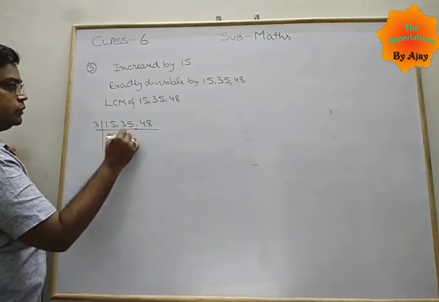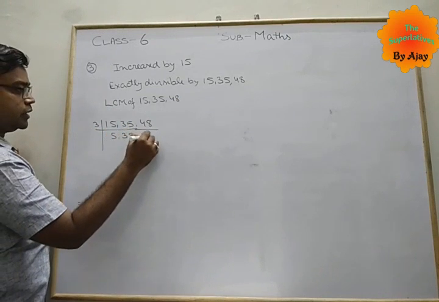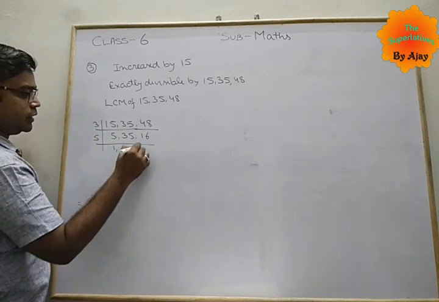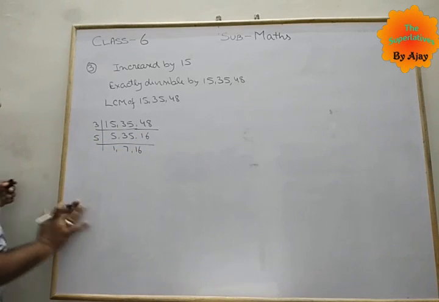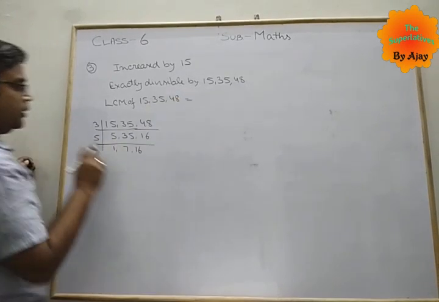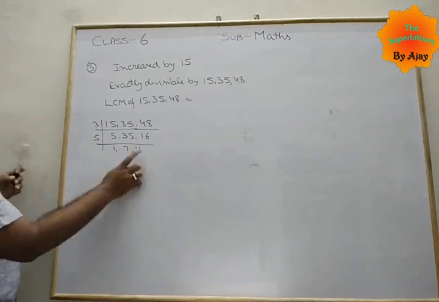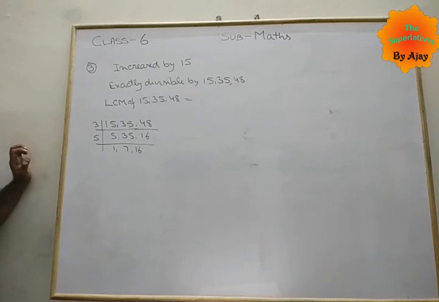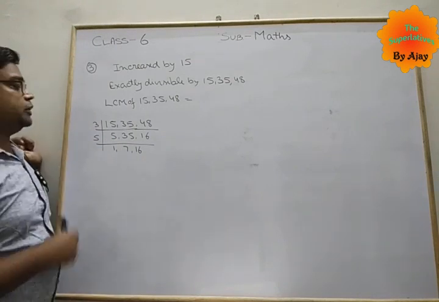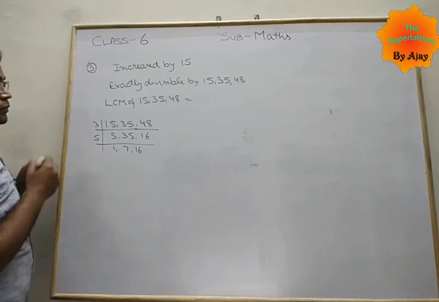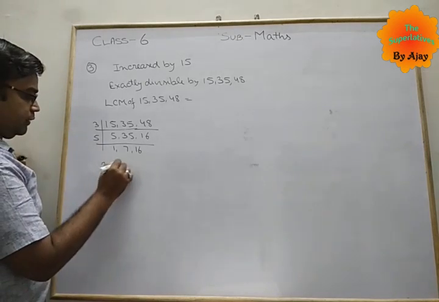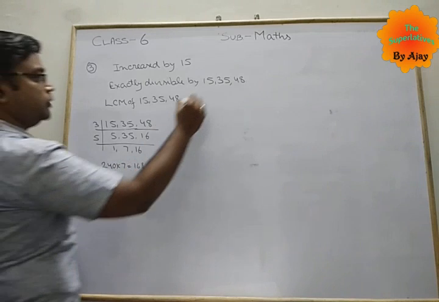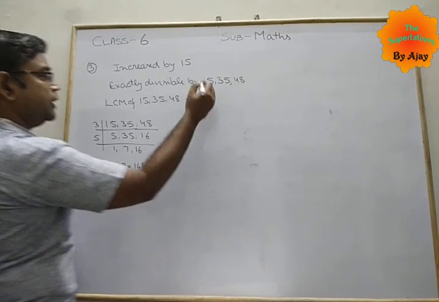Now when we multiply, 16 fives are 80, 80 threes are 240, and 240 sevens are 1680. This is the LCM of these three numbers, and remember this number, that is 1680.